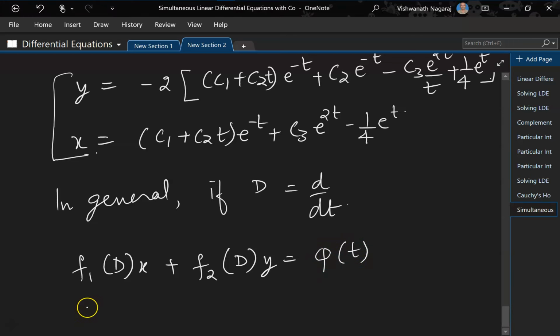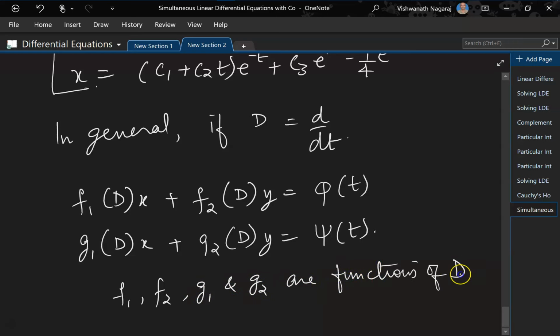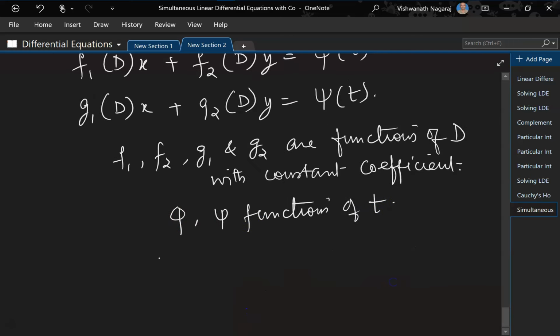And we have another equation, g1 of D of x plus g2 of D of y is equal to some other function of t. Here f1, f2, g1 and g2 are functions of D with constant coefficients, and these two are functions of t. So basically use the elimination method.